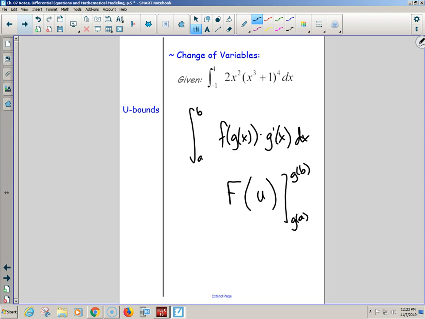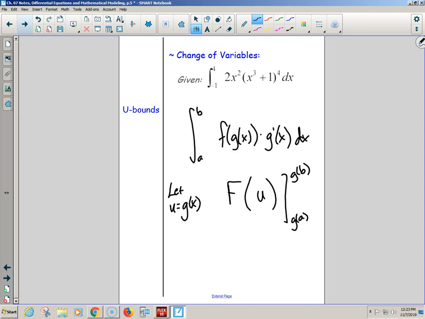Because if you have a chain rule, you can go back to the antiderivative, and then your g is your u. So to find your u bounds, you could do g of a and g of b. I guess that's right.